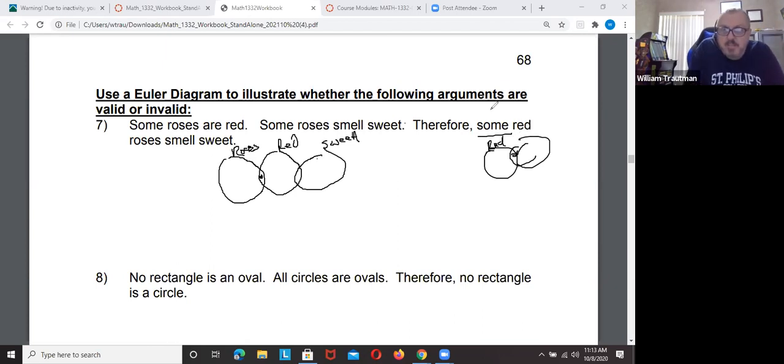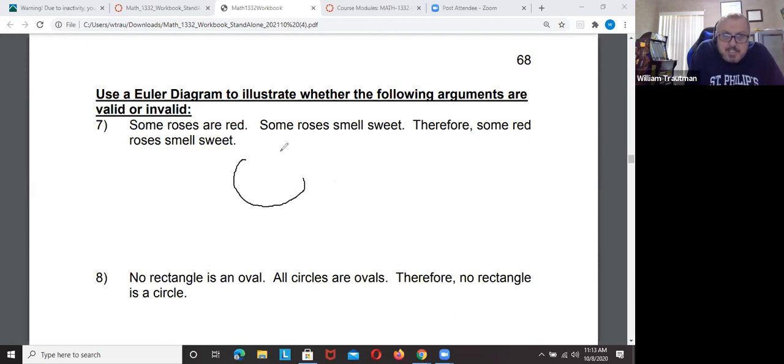Oh, by the way, I'm going to make this a little bit bigger. I'm actually looking at this differently. Some roses are red. Therefore, some red roses. The red roses, by the way, these are the red roses in here. Some red roses smell sweet. I'm going to add a circle and put sweet.